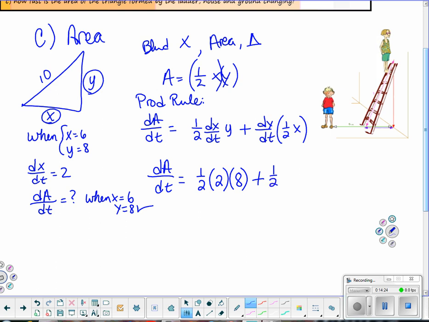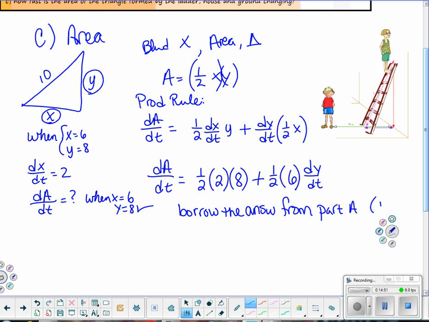And then I'd have 1/2 x, which would be 6, times dy dt. Now here's the one little dilemma, dy dt. But do you recall we're going to borrow the answer from part A, because part A took place when x was 6, just the same as we are right now.